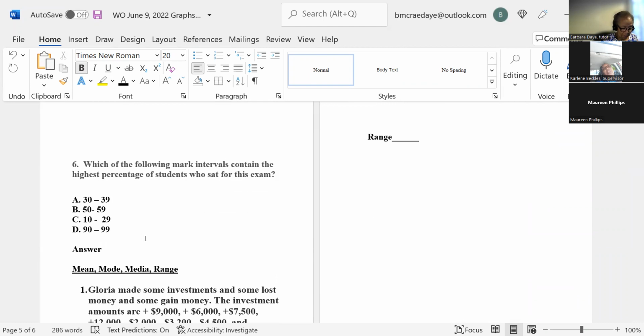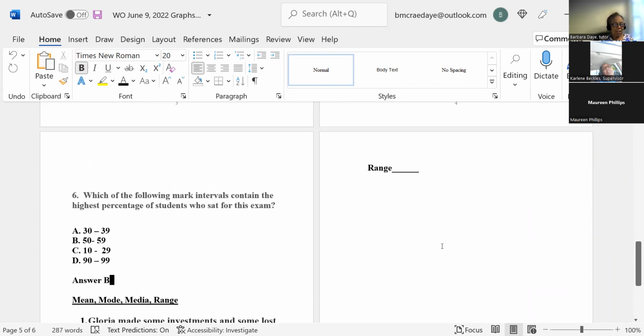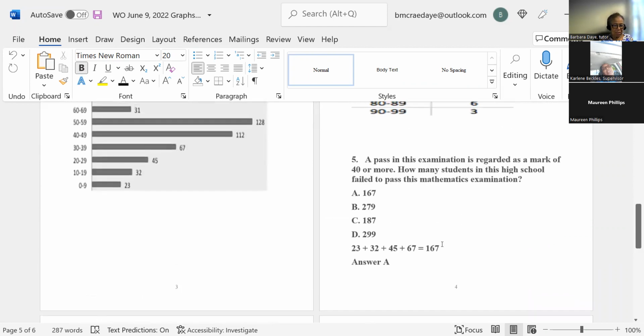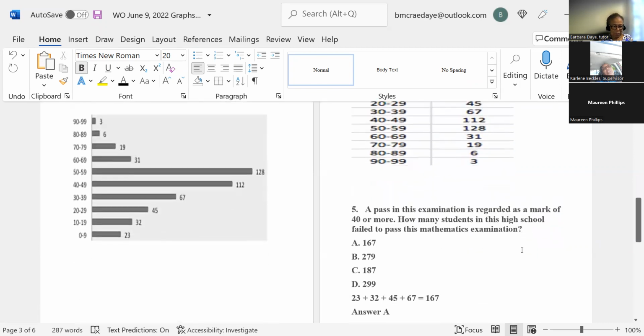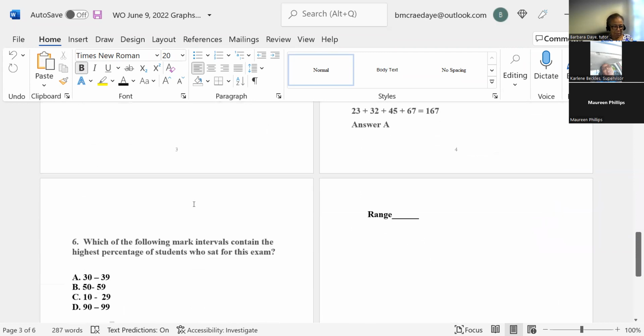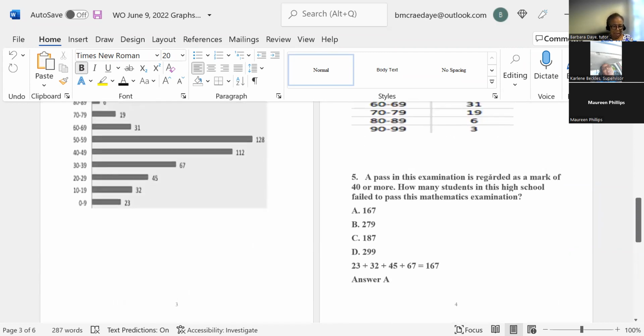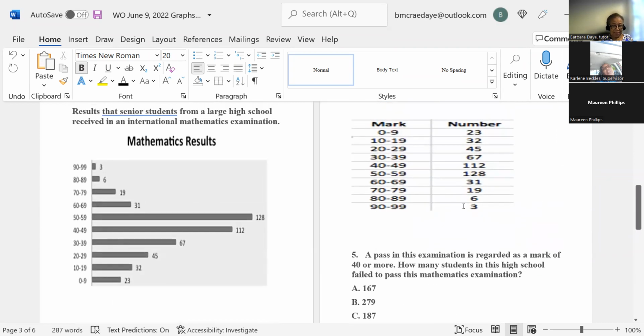Okay. Now, Maureen, which would represent the lowest percentage? Let's go back up here. You say that 128 represents the highest. Which would represent the lowest? 90 to 99, that's it, because that's a 3.